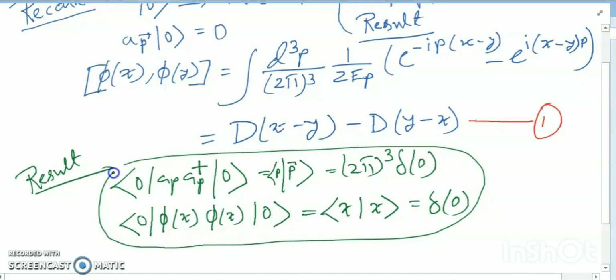We should remember this result, because it is very important for the operator-valued distributions.